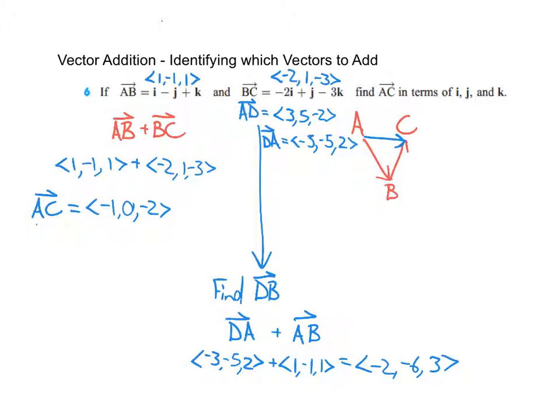All right, so if I threw in another point over here, point D, okay? There's the vector I gave you. Wait, sorry. I gave you vector AD. Yeah, I gave you that one. If I want to go from D to B, then that means I've got to go from D to A and then from A to B. See how that works? And when you draw it out like this, oh, I've got to go D to A, that's just the opposite of AD. That kind of helps you visualize the process a little bit. Okay?